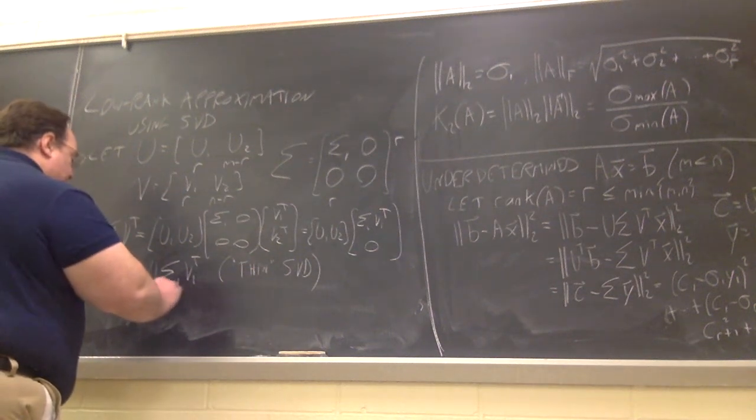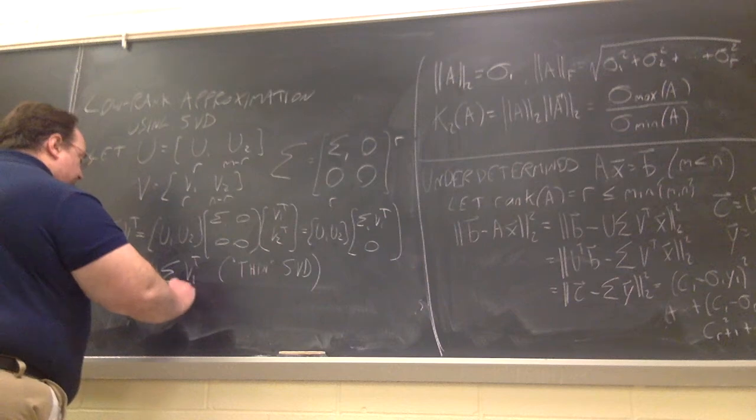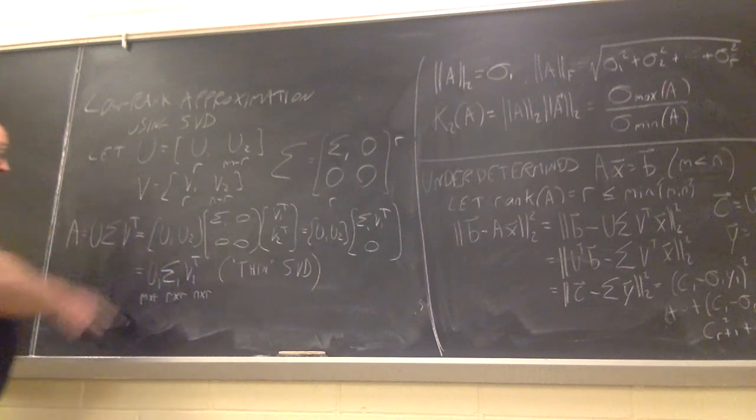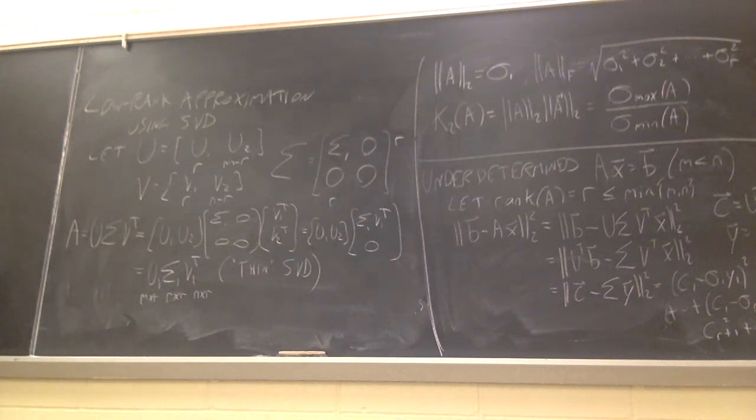So U1 is m by r, sigma 1 is r by r and invertible. V1 is n by r, but it's transposed, so V1 transpose would be r by n.